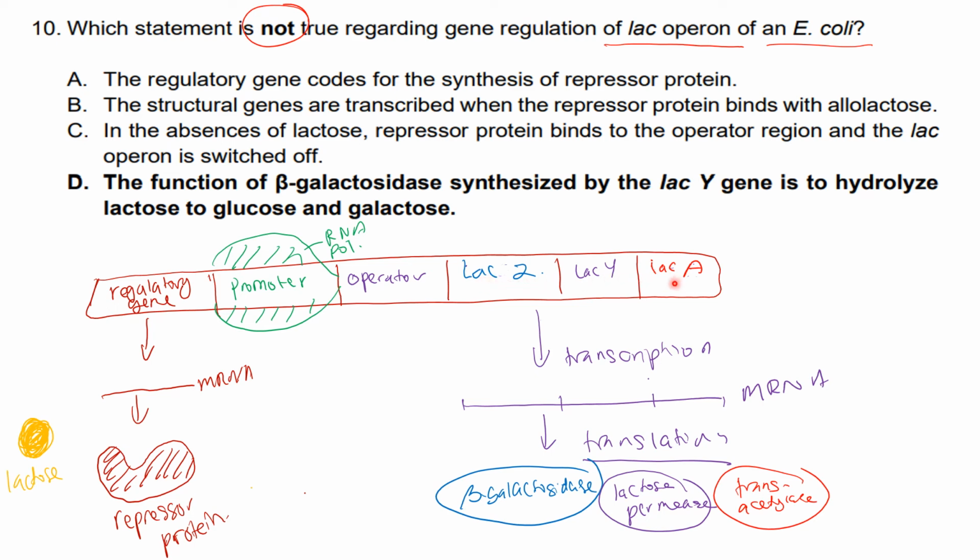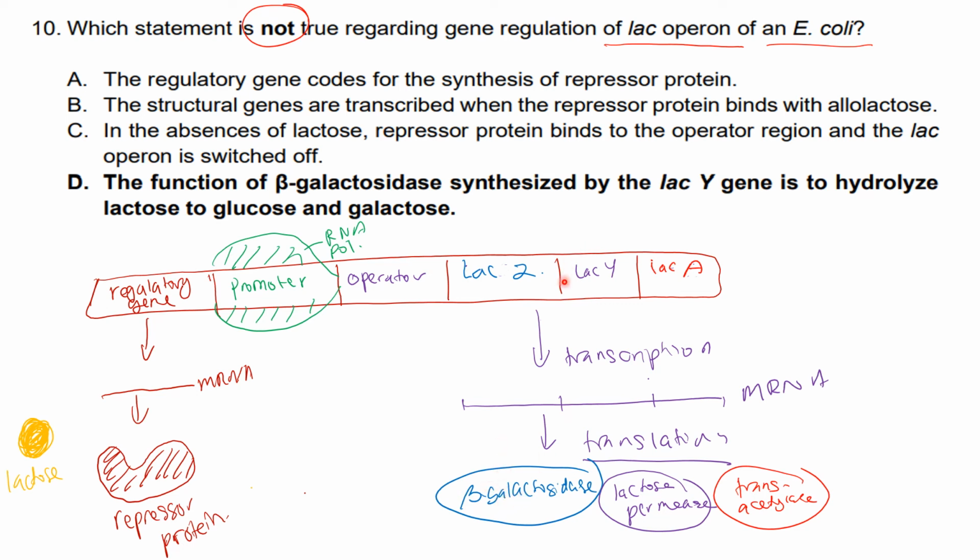From the three genes, through transcription, a single continuous mRNA is produced that is used to synthesize three types of enzyme. LacZ codes for the enzyme beta-galactosidase. The function of beta-galactosidase is to hydrolyze lactose into glucose and galactose.